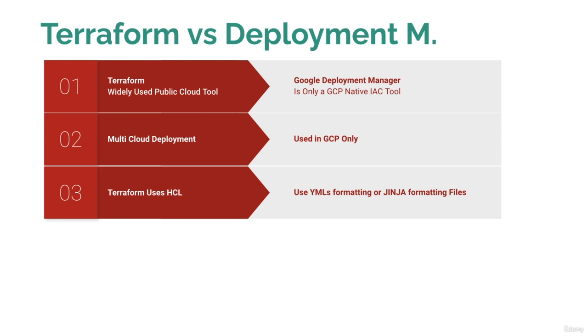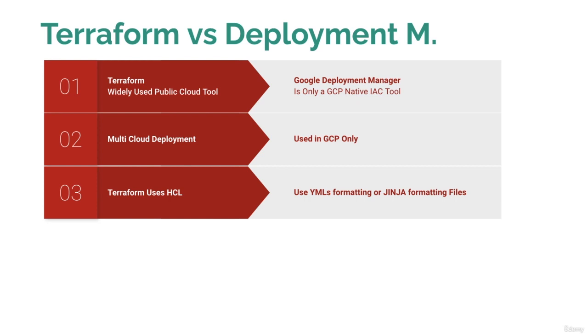But Google Deployment Manager uses two kinds of formatting. First is YAML formatting, and second is Jinja formatting. Within Jinja formatting, you can use Python-style code, but YAML is a complete YAML-based formatting which is used to create the infrastructure file for Google Deployment Manager.